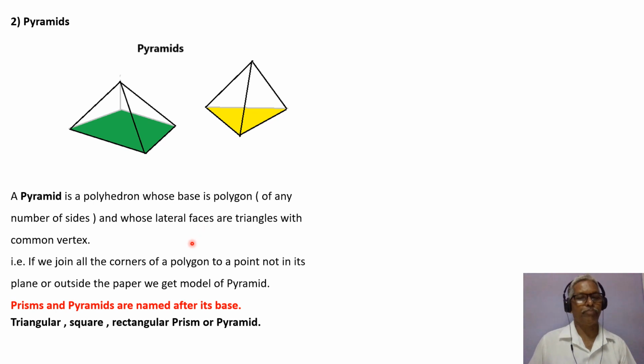And this last sentence, we have seen this earlier. Pyramids and prisms are named after their base. If the base is a triangle, then triangular pyramid or prism, square pyramid and prism, rectangular prism or pyramid, etc.